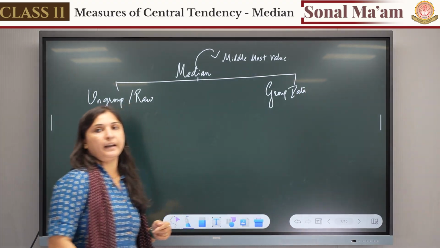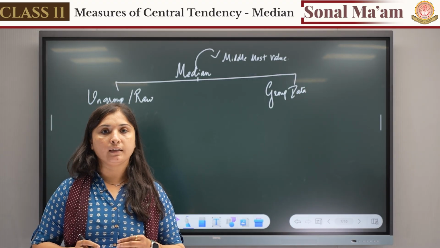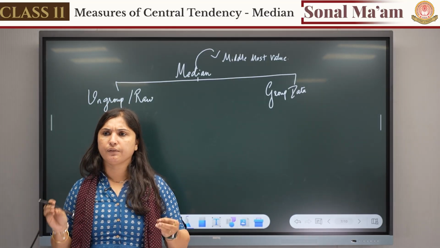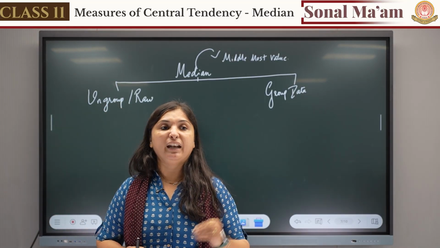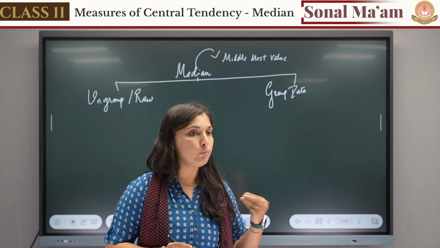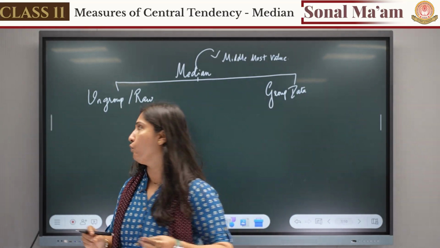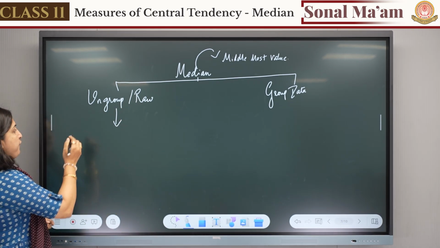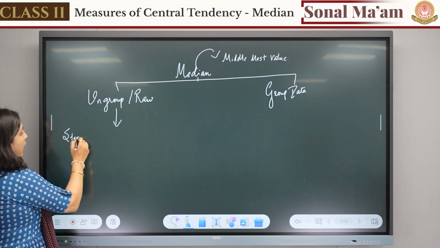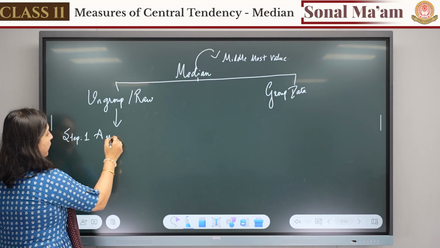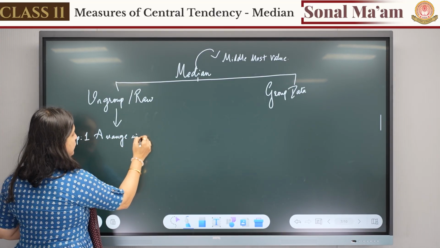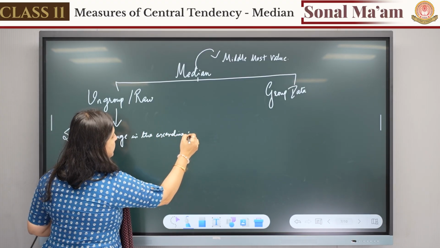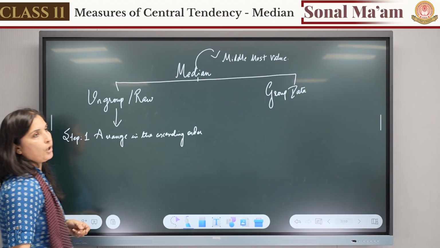Ungrouped data or raw data, as we say: numbers are given to you. There is no frequency, nothing is given, only simply numbers. Whenever you want to find the middlemost value, that is the median, in ungrouped data, your first step will be to arrange in the ascending order.